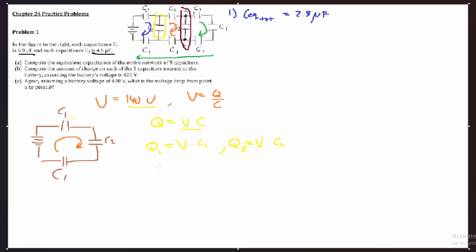So we can solve. Q1 is equal to 140 volts multiplied by 6.9 microfarads, so Q1 is equal to 966.